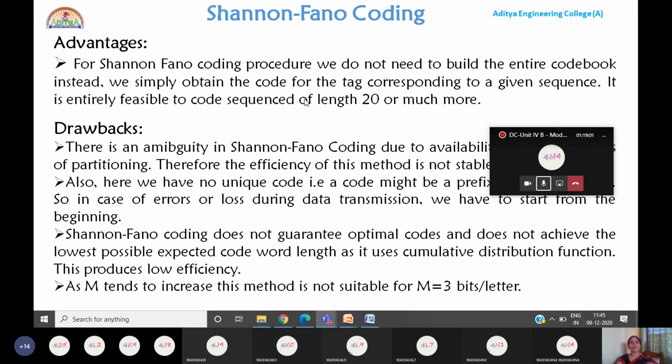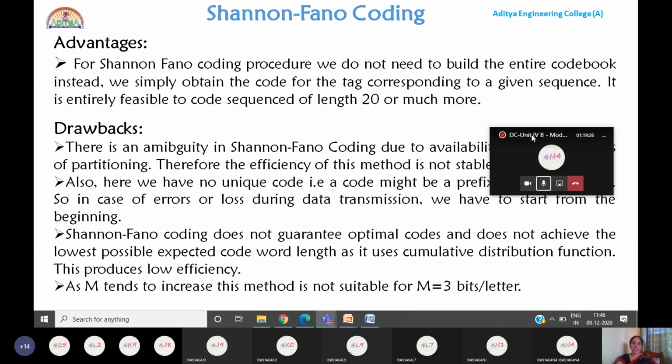The process of generating the code words is based on probability division. That is the advantage, because it is completely based on subset division.